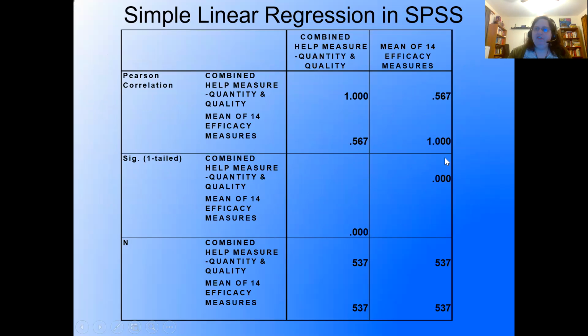And our sig value is less than 0.001. Remember that rule? We always say p less than 0.001 whenever we see the 0.000. Okay. So very strong, very significant correlation between efficacy and helping.